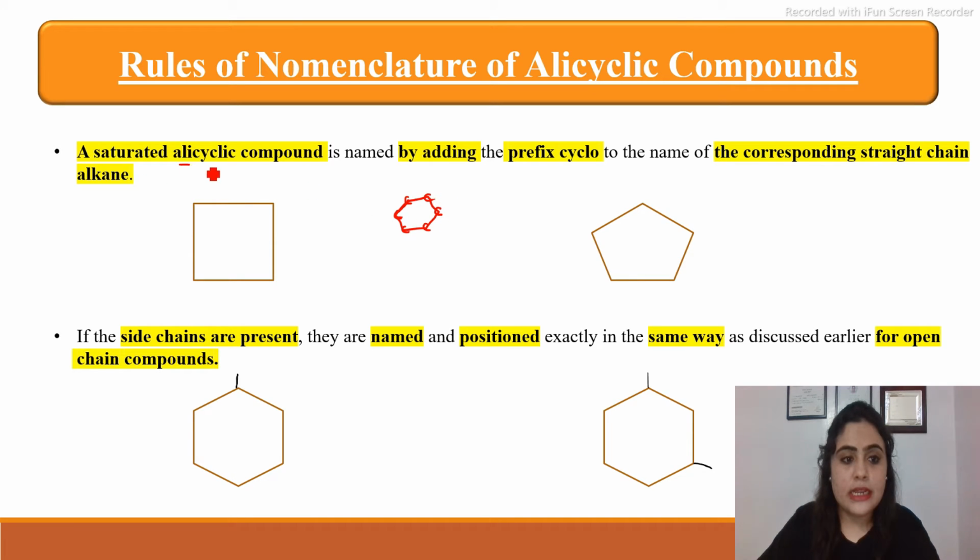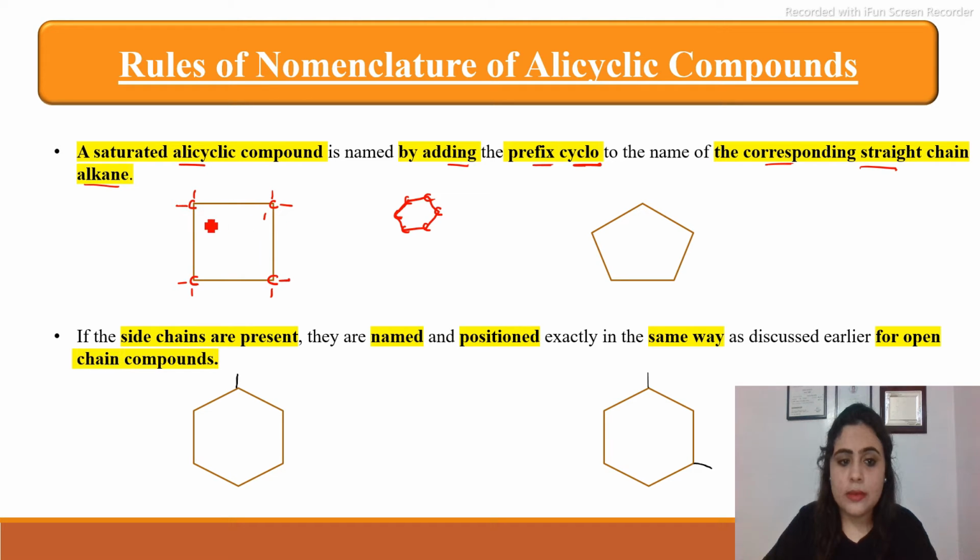A saturated alicyclic compound, meaning all bonds are single bonds, can be named by adding the prefix cyclo to the name of the corresponding straight chain alkane. Suppose here the meeting of two lines is one carbon, again here one carbon, here one carbon, here one carbon. Now we'll satisfy the four valencies of the carbon.